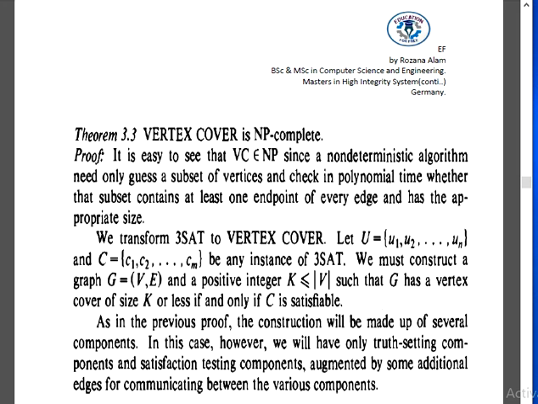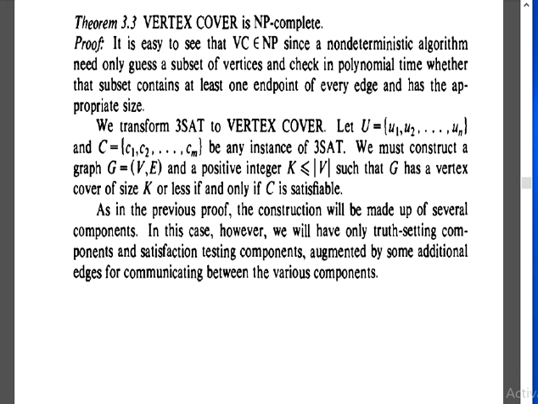This instance needs to be converted into an equivalent graph G and a positive integer K, such that G has a vertex cover of size K or less if and only if C is satisfiable. That is the main point.